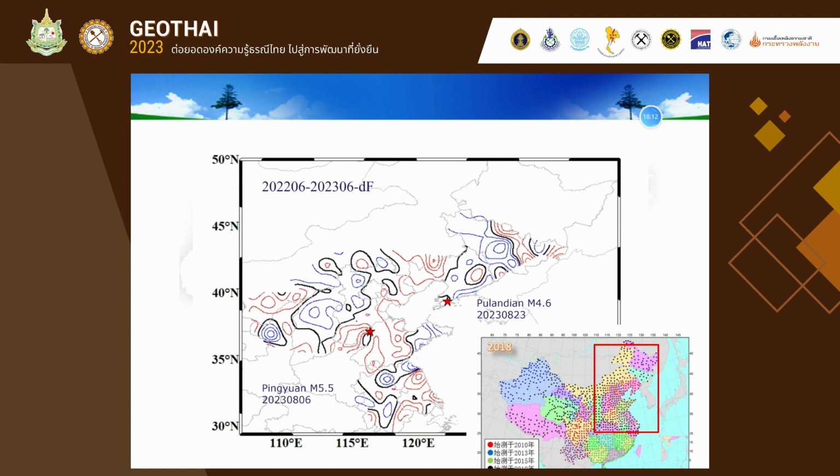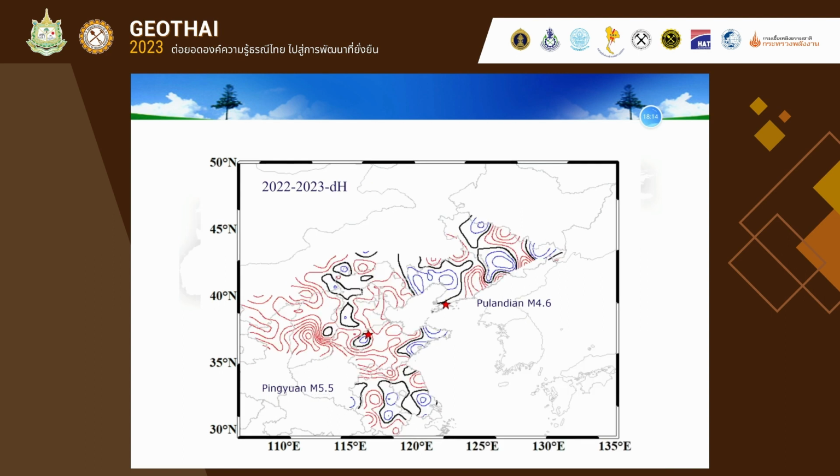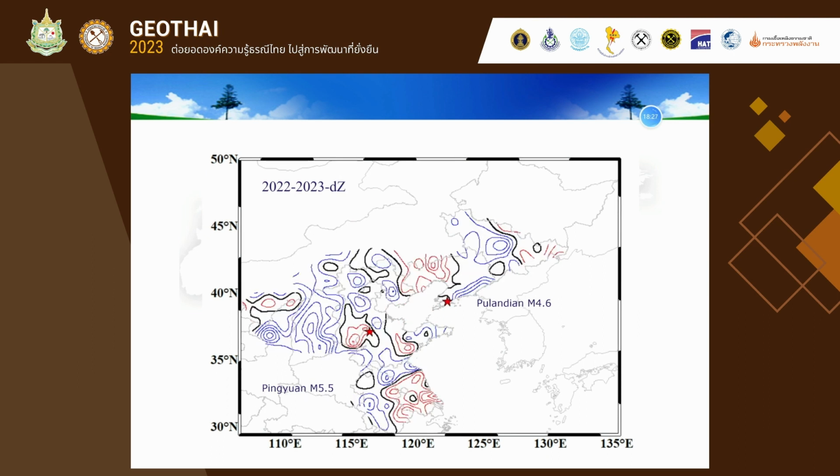And this is the horizontal. There are also two zero contours near the earthquakes here, and the component is also very near the zero contour for both earthquakes.